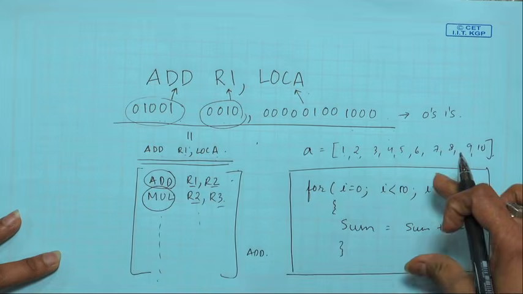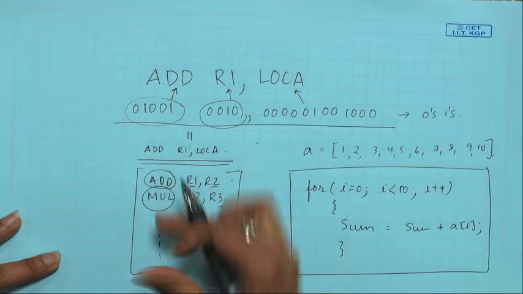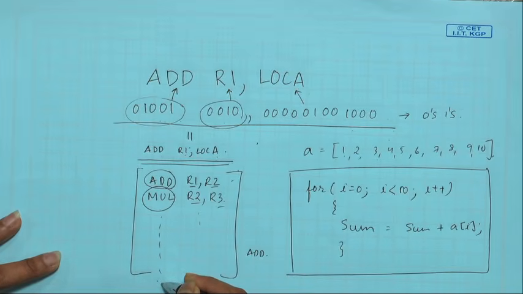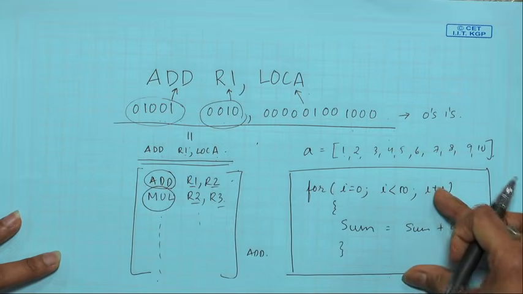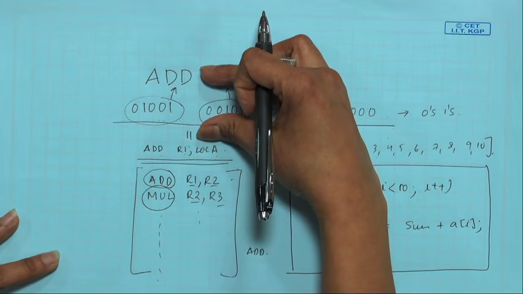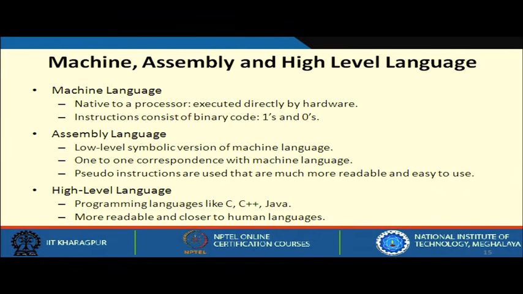But to write the same code, I have to use a set of some more assembly language code to execute the same instruction, the same job. So, this is much easier to code. Generally, high level languages, basically programming languages like C or C++ or Java, are used, which are much more readable and closer to human languages.